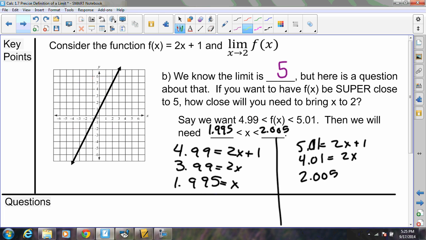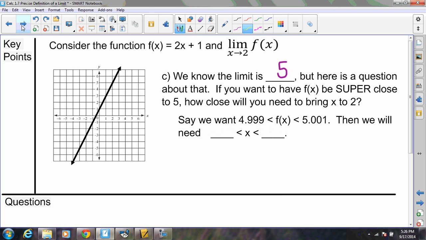And when we had 2 9s, there were 2 9s. It's actually going to keep doing that. I'm skipping some of the algebra just to speed up the process a little bit. But because this one is 3 9s for this particular problem, I'm going to wind up with 1.9995 and 2.0005.